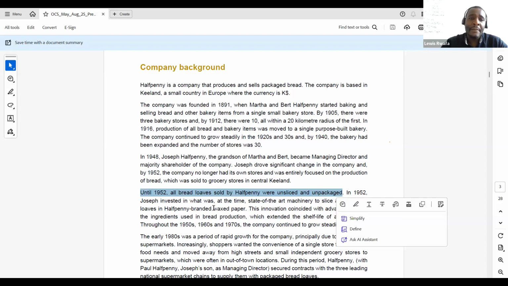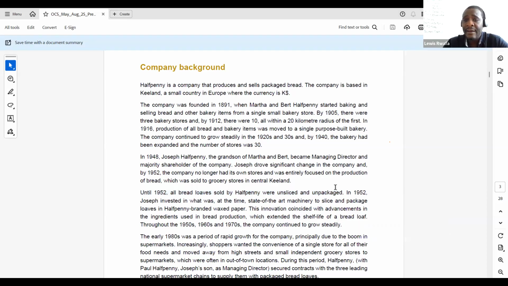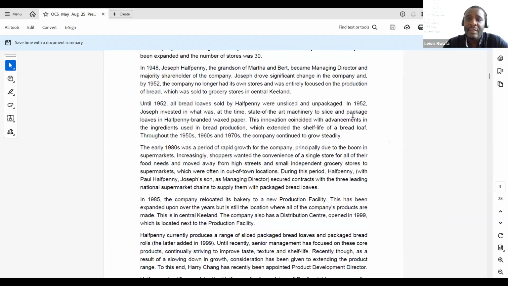It says, until then, all the bread sold by Halfpenny was unsliced and packaged, right? But they changed and made their focus production. And if we are producing goods, that means we need raw materials. From my knowledge of P1, it means I need to start thinking about my costing there.